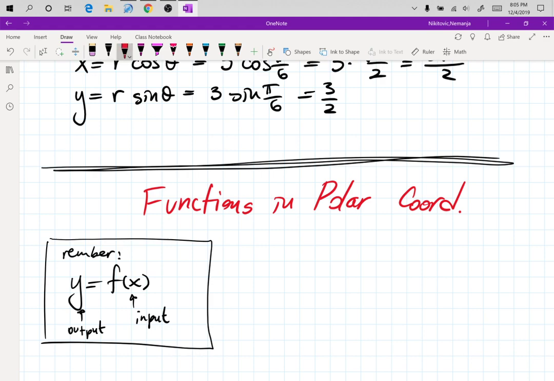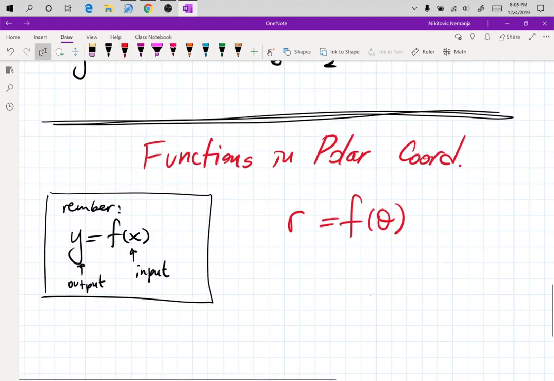Now, in polar coordinates, you have r as a function of theta. And this is something that if you are going to Calc 3, if you are thinking about mechanical engineering, you absolutely must understand, the way these things work. They're not the same as your rectangular systems. r equals f of theta.